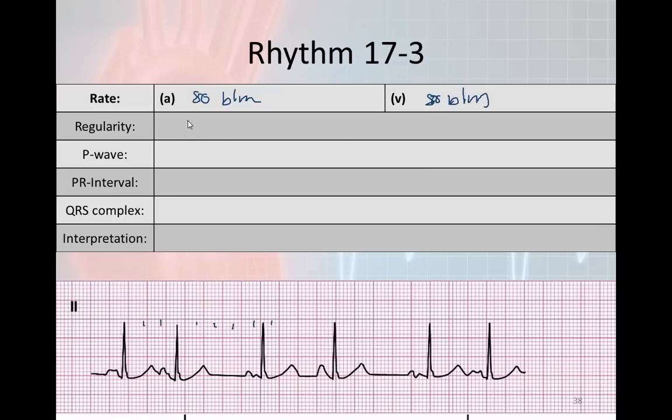Regularity, if you just glance at it, you can tell it's irregular. P waves, all P waves are present and they are married, but they're different morphologies.